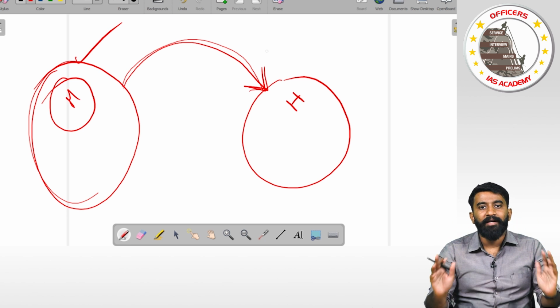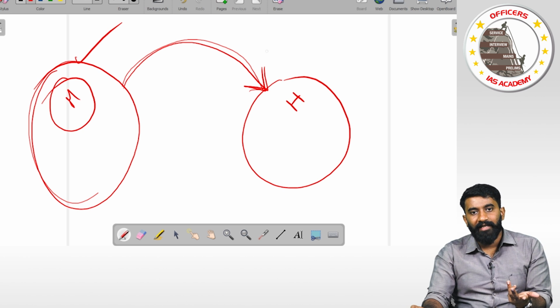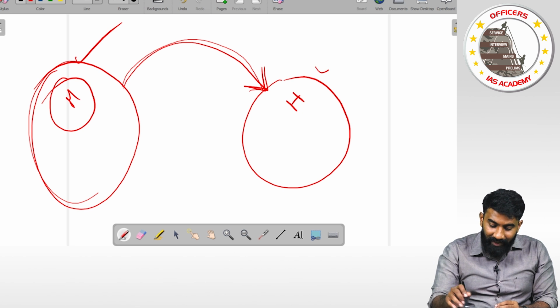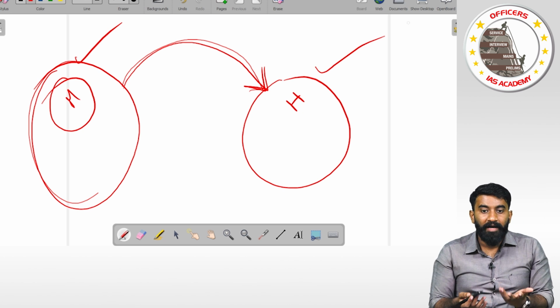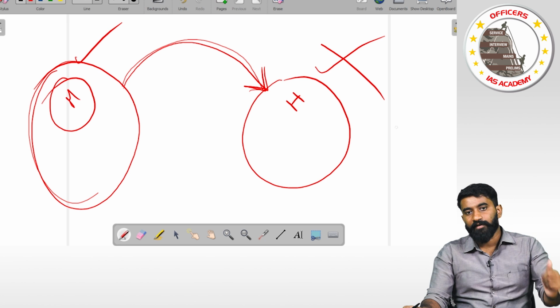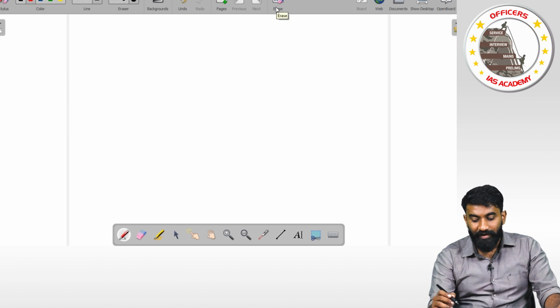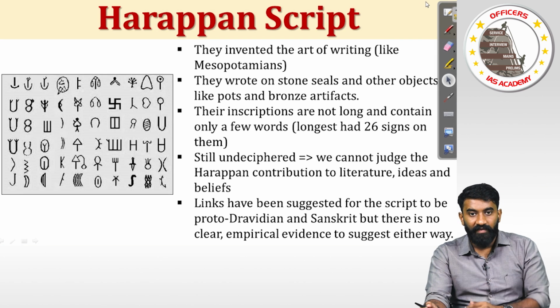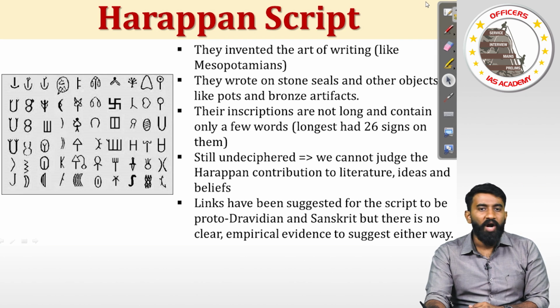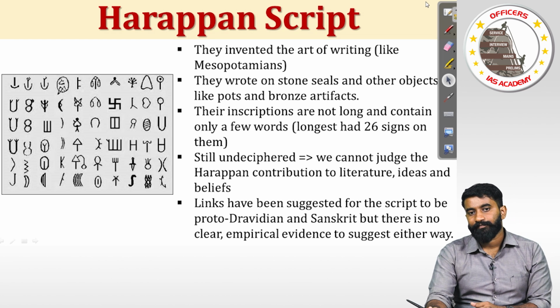There is absolutely no similarity here. If there was similarity, we would have already deciphered the Harappan script, but that is not the case. We have not deciphered it. So, this theory that the Harappan script came from outside of India, from Mesopotamia specifically, cannot be correct.